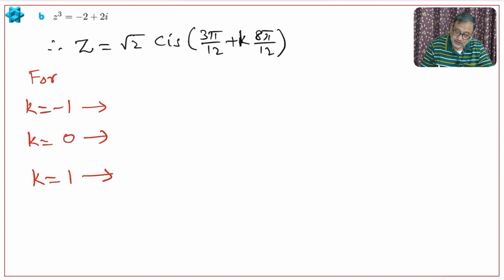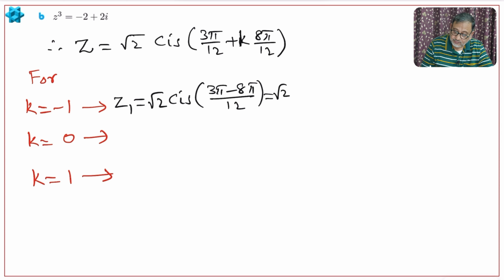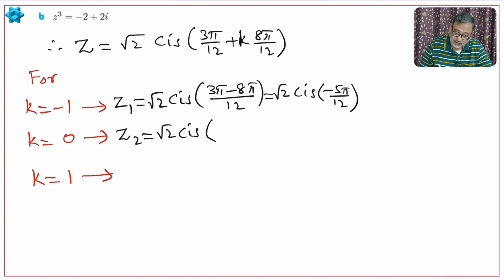So I am going to get z1, the first root, root 2 cis, minus 1 means 3 pi minus 8 pi by 12, which will be root 2 cis minus 5 pi by 12. z2, root 2 cis, when we replace k by 0, 0 will give you 3 pi by 12, which will be pi by 4, right?